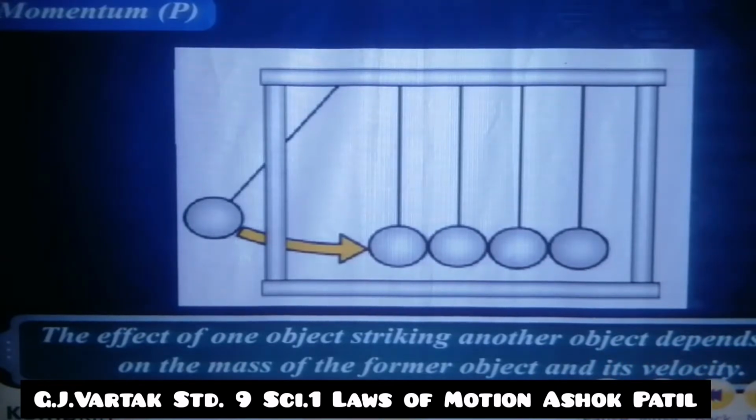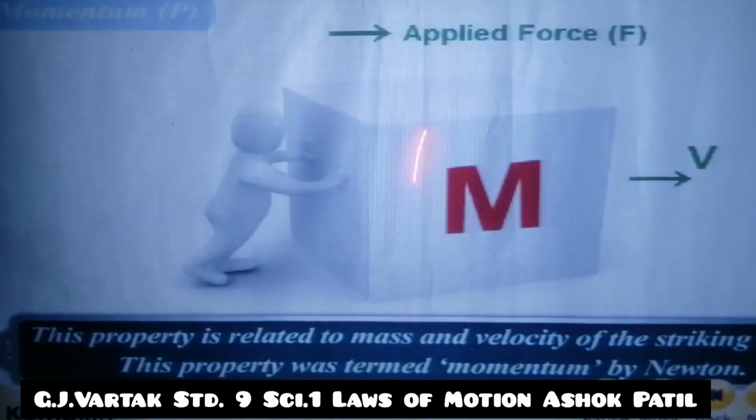Write down this sentence: applied force F, then the mass of this object and the velocity moving from here to here. This property is related to the mass and velocity of the striking object.